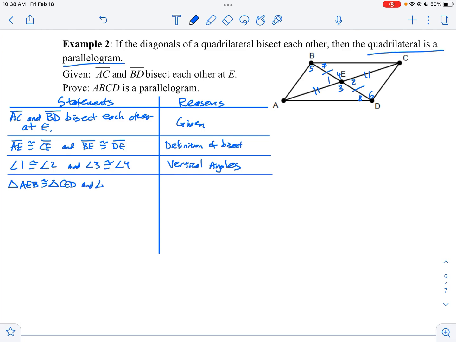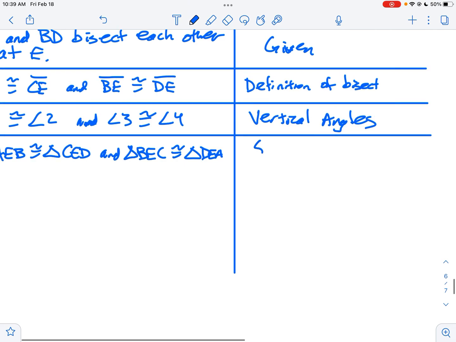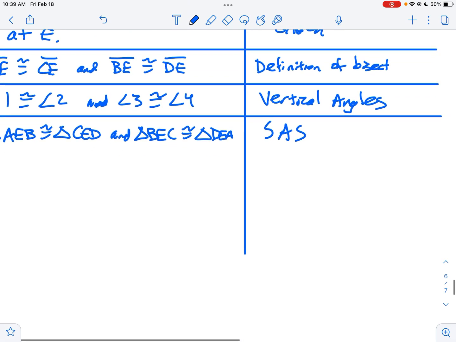And let's do the other pair there. We got BEC, that top triangle, congruent to the bottom one, and that's DEA. All right, BEC, DEA, nice. And they're congruent by side, angle, side.